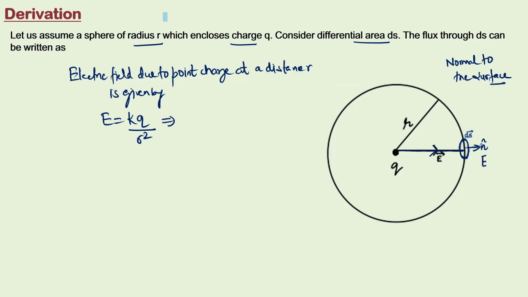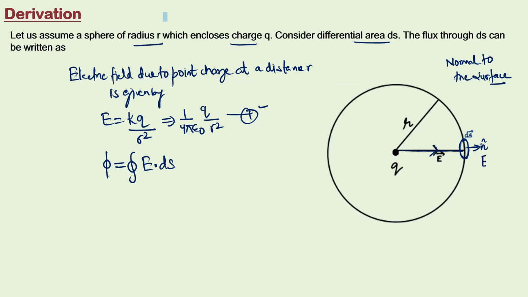Putting the value of k, we get E equal to 1 by 4 pi epsilon naught q by r square. According to Gauss law, the net flux is equal to the integral of E dot dS.